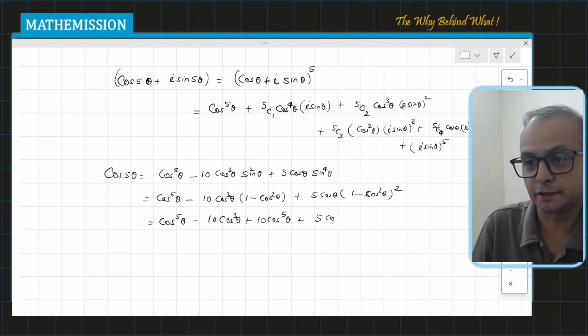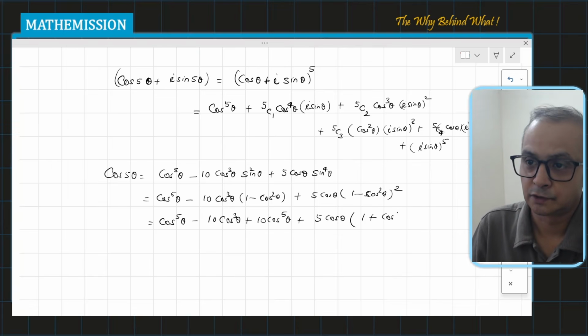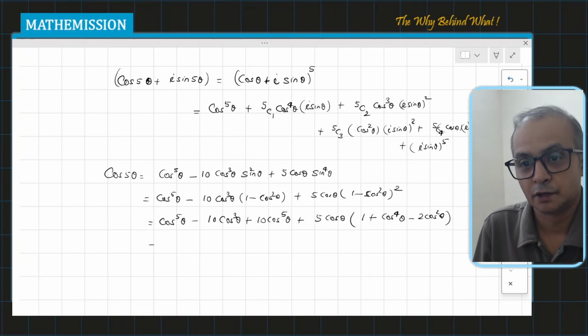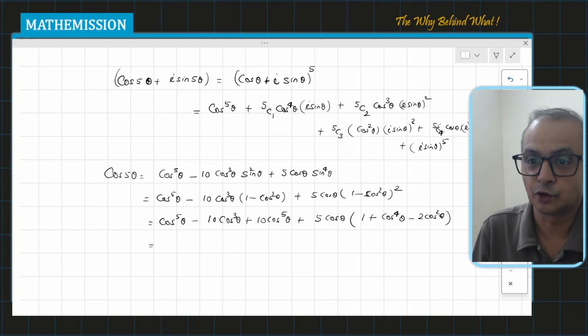Then here 5 cos theta times 1 plus cosine to the power 4 theta minus 2 cosine square theta. What I have done here is expanded it by using the a minus b whole square formula. So we get cosine to the power 5 theta and 10 cosine to the power 5 theta, that is going to be 11, not 15.